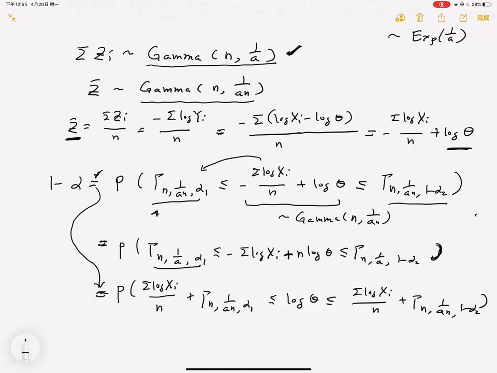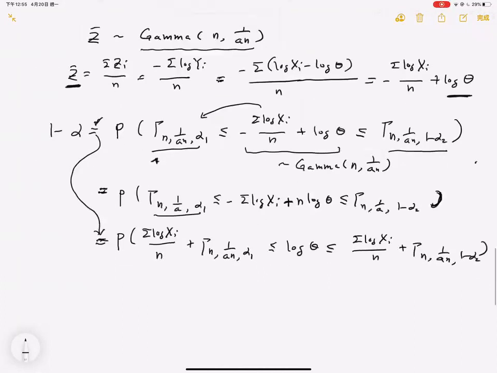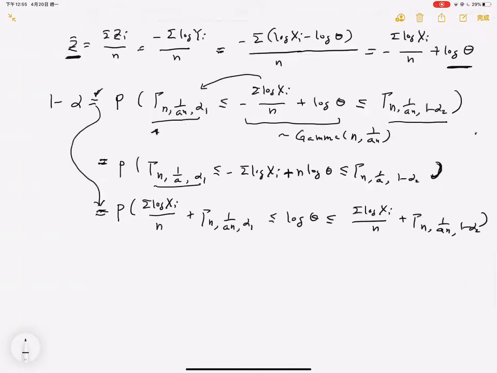Okay, I gotta check. Hopefully I didn't make any errors. Okay, good. So right here, I think so far so good, unless you find any hole in this. Hopefully I don't make any computation errors. The good point is eventually, how to put theta in the middle?